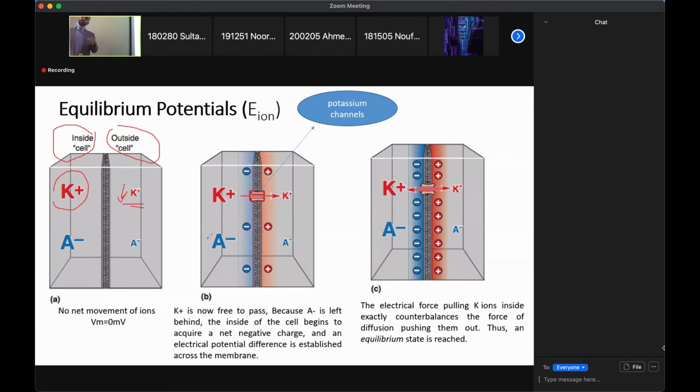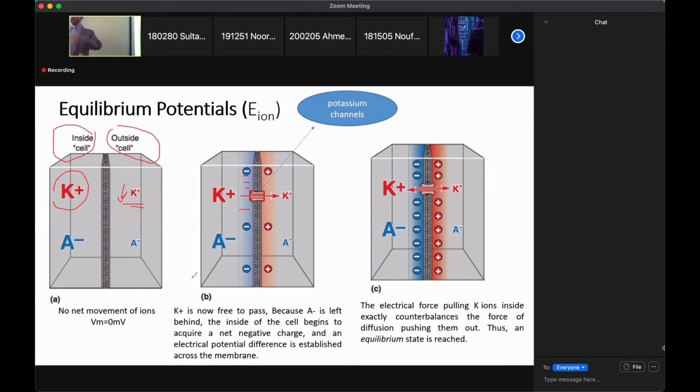So there is a diffusion force forcing potassium to go from the higher concentration into the lower concentration, so from inside to outside. Now, as potassium moves from inside to outside, the inside of the cell gains negative charges as it loses positive charge, which is the potassium, and outside is gaining more positive charges.